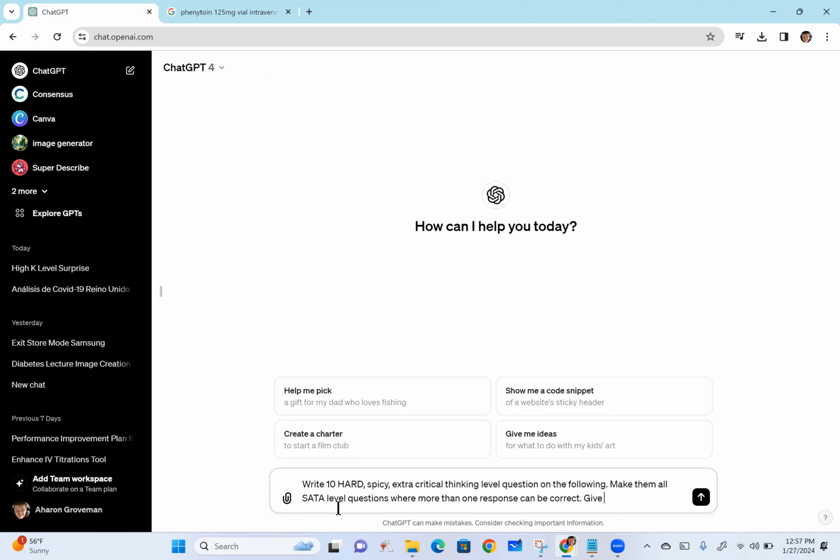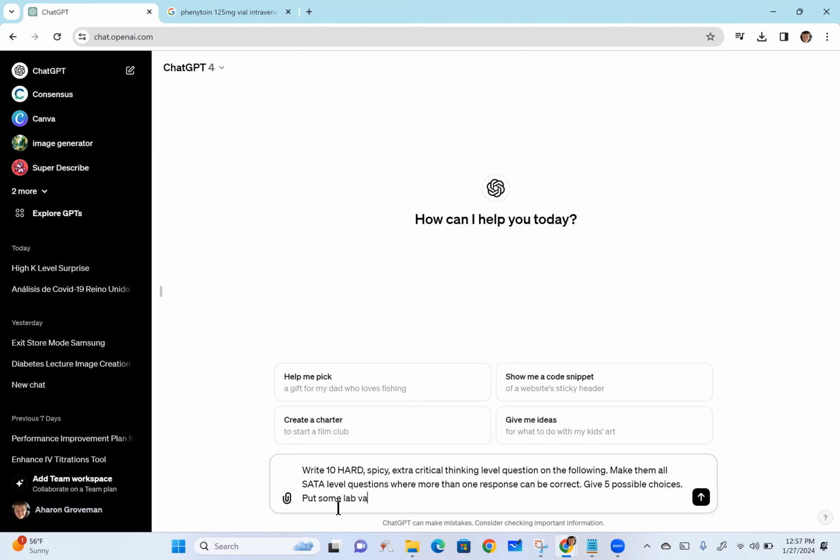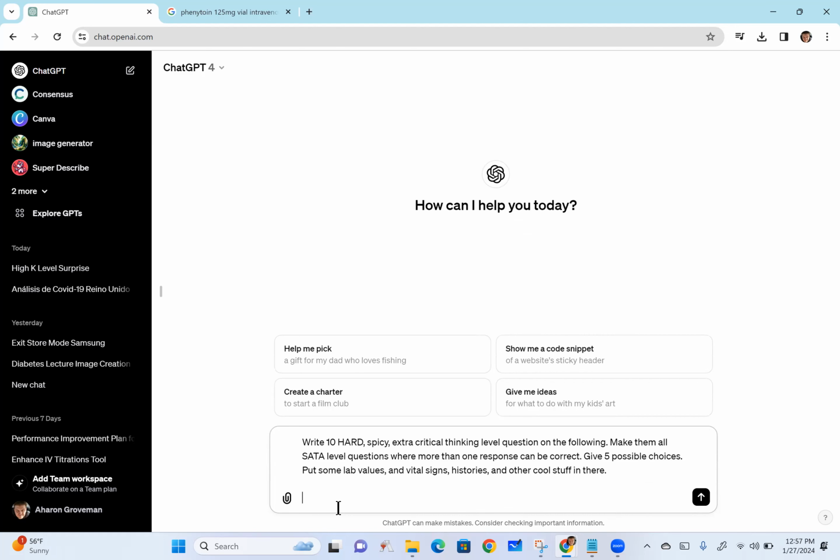Give 6 or 5 possible choices, right? Anything else you want for them? Put some lab values and vital signs, histories, and other cool stuff in there. Base it off.